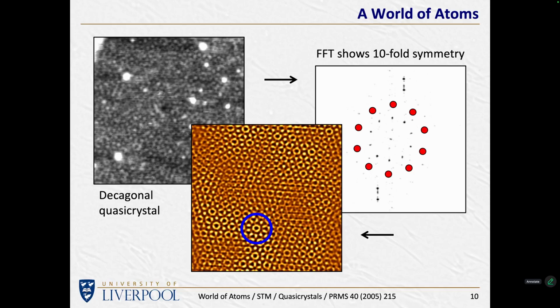So is that real, or is that just an artifact of the fact that we're looking for things that appear to be 10-fold? Well, if we look very carefully at exactly the same position in the original image, shown in the red circle, there is a 10-fold pattern in there. There is a 10-fold sunflower of atoms. We have simply made it more clear by doing this processing. It was there in the first place.